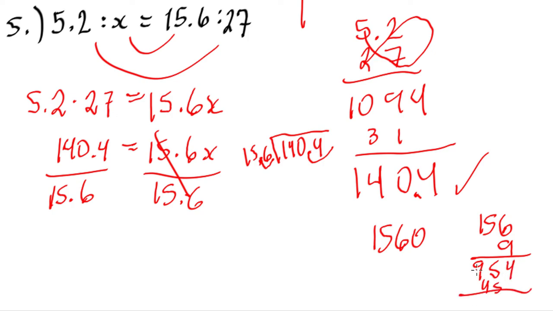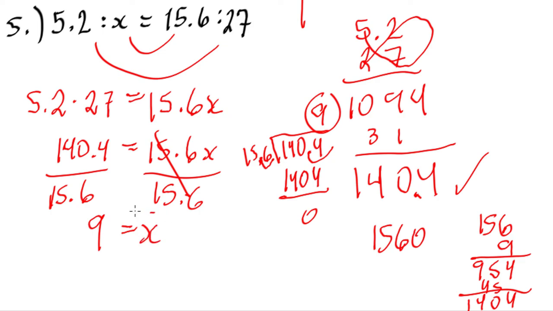That's 13, 9 plus 4 is 13 plus 1 because we have an upshoot here, 14, 0, 4. And voila, that's 1404. So therefore, 1404 divided by 156 is going to give us simply 9. So our answer is 9. Therefore, the value of x here is equal to 9. So x equals 9.